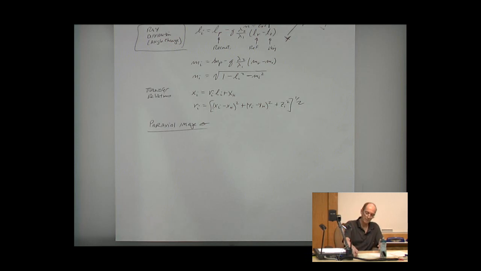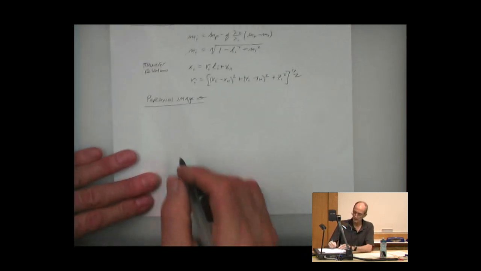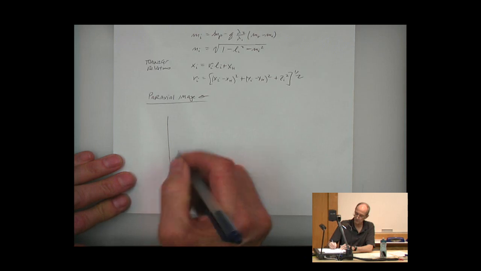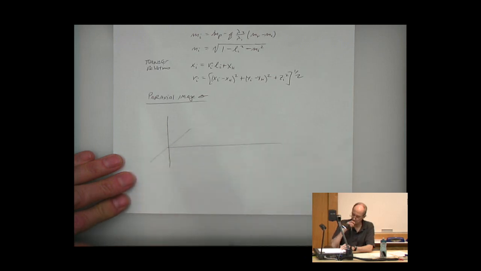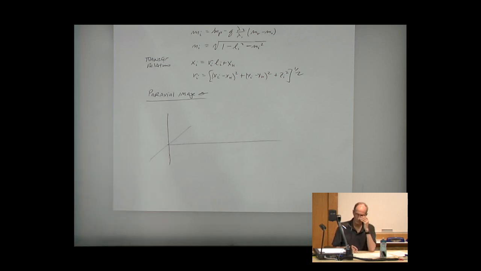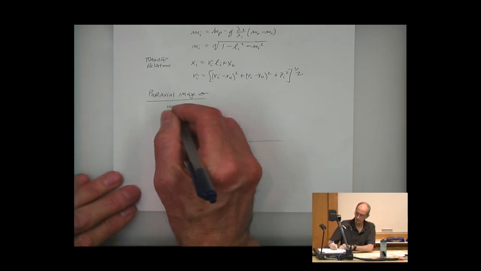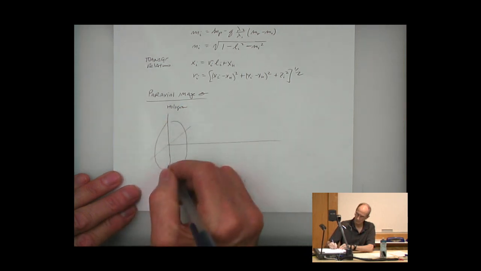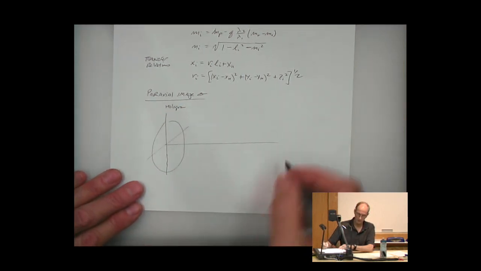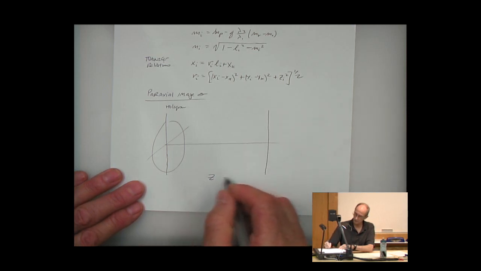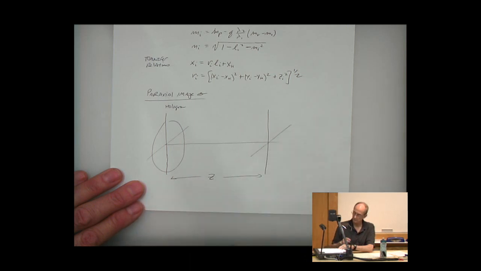All right, so at the end of last lecture, we were talking about how to go about doing this. Here, if we have our hologram plane, and we have some aperture out here, and then we have some distance z over to an evaluation plane.